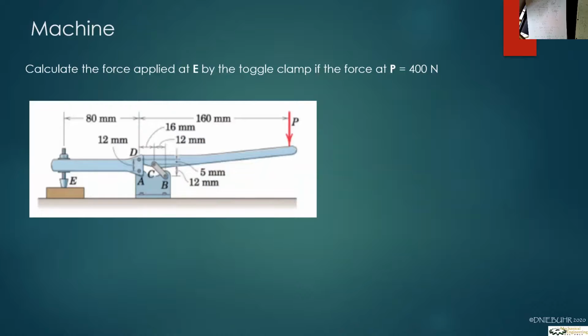So this is a good example. This looks intimidating, but this is a toggle clamp. And so you push down at P, and what you're trying to do is you're exerting a force at E to hold a piece of wood or whatever down on a table.